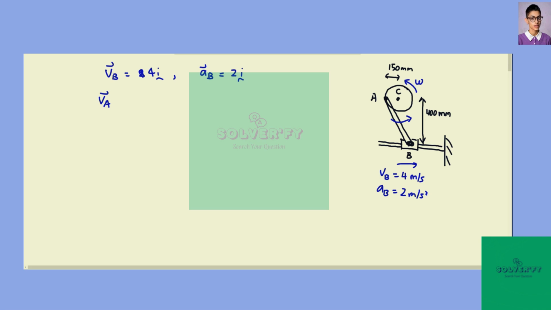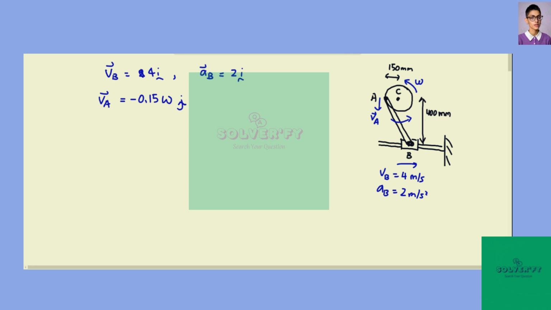Okay, so VA, we expect it to be going downward. So it's going to be 0.15 omega negative j.